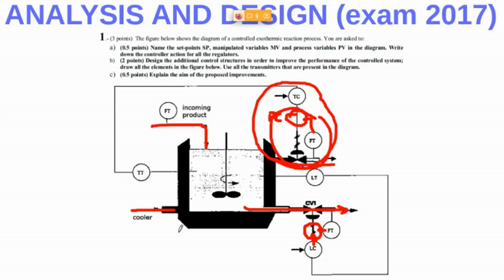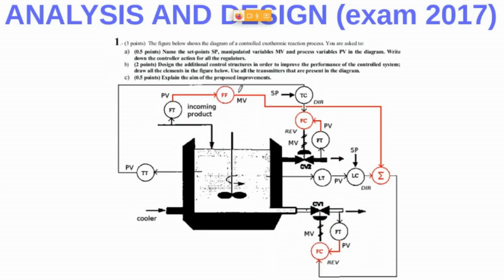Well, finally, here we have also a cascade control loop. So 2 cascades is my proposal. But if any disturbance appears in the incoming product, we can use this transmitter in here. We can add a feed-forward controller, and as you can see, this feed-forward controller action can be added to the primary level control loop, right in here.